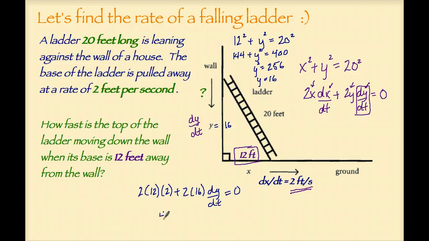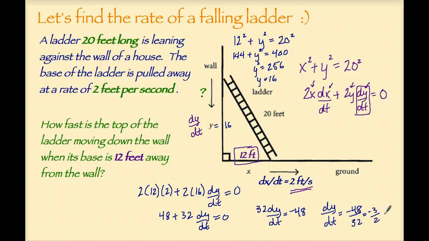This becomes 48 plus 32 dy dt equals 0. When we subtract 48, we end up with 32 dy dt equals negative 48. Dividing by 32 gives us dy dt is equal to negative 48 over 32, which reduces to negative 3/2 feet per second.